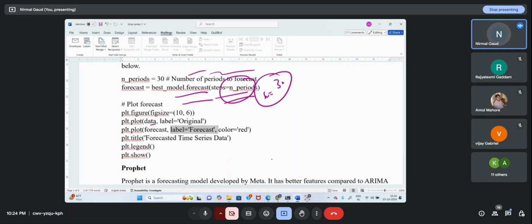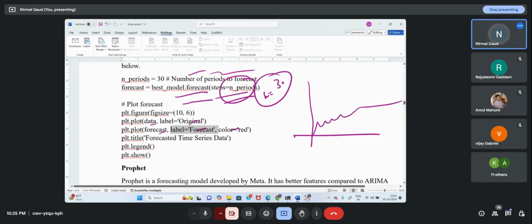So I'll put my data, which will be the original data, and I will put my forecasted data. So this might be your original data, and this might be your forecasted. It may overlap, it may not.